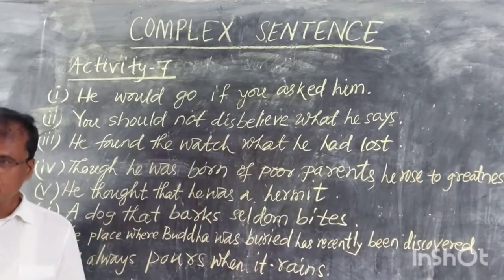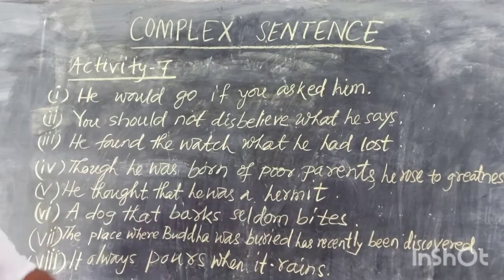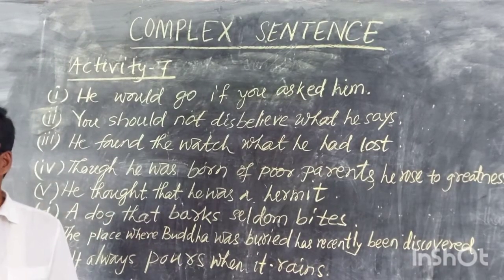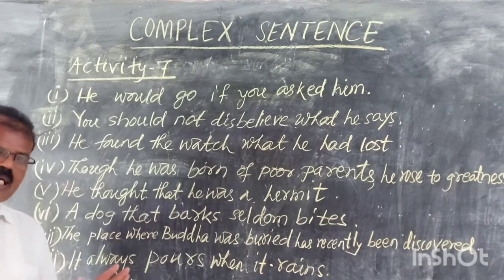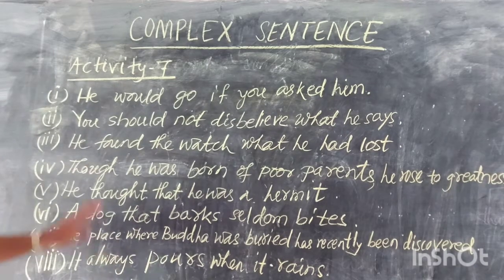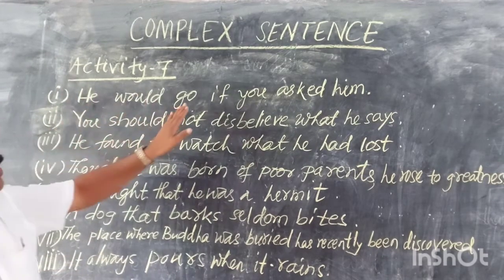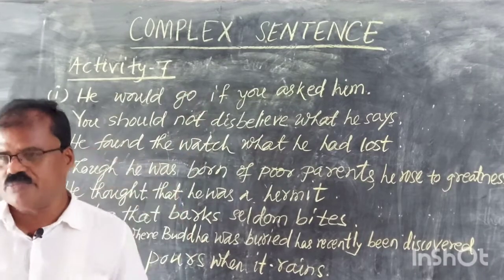Okay. Now, children, let us see some activities to understand the types of sentence, that is complex sentence, better. Okay? Number 1. He would go if you asked him.